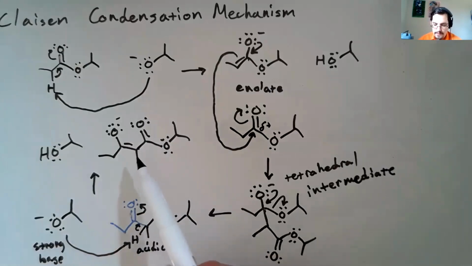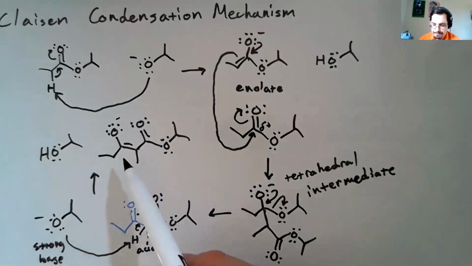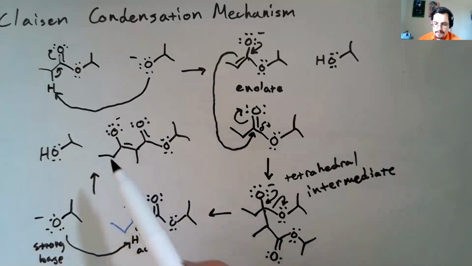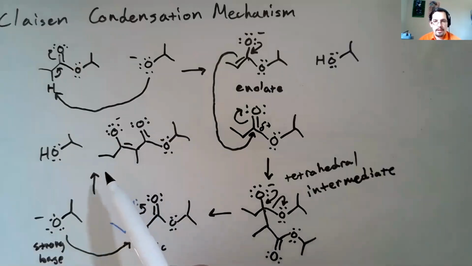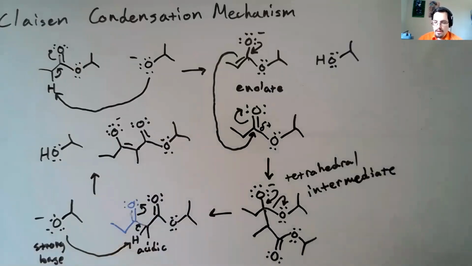If we want to isolate the actual ketone form instead of the enolate, we can just add acid in the second step in order to isolate our final product. So this is our full mechanism.